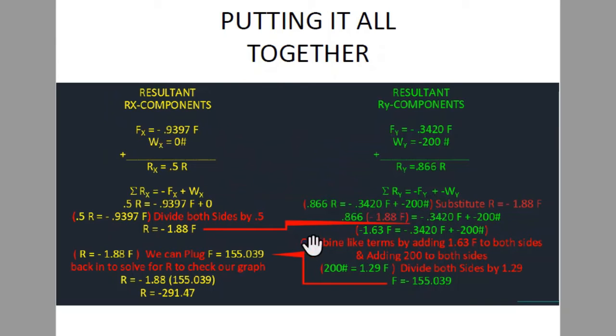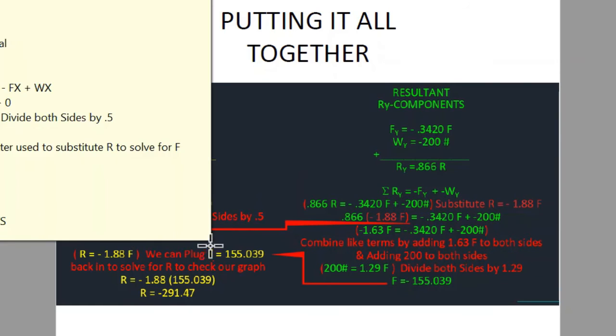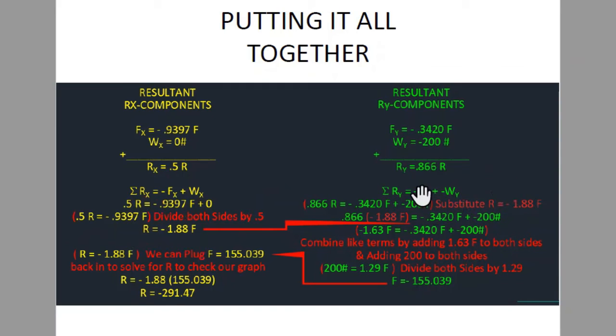We plug in all the numbers and we find that 0.866 times r is equal to negative 0.3420 f plus negative 200 pounds. We use the equation that we developed earlier and we substitute here for r, and then we solve for f.